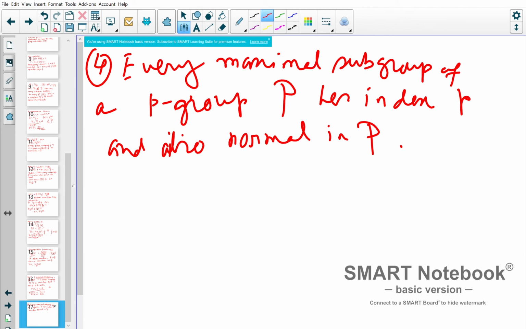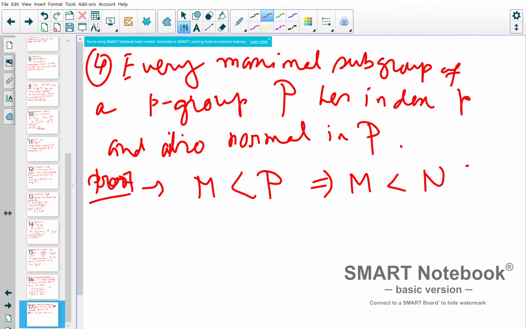So the proof is simple, not difficult. Let me give you an idea. Suppose you have a maximal subgroup, so M is a maximal subgroup. M is a strict proper subgroup of P, and by the previous theorem, every proper subgroup is strictly contained inside its normalizer, the normalizer of M inside P. So this implies that the normalizer has to be equal to P itself.